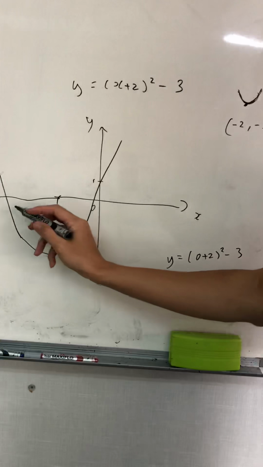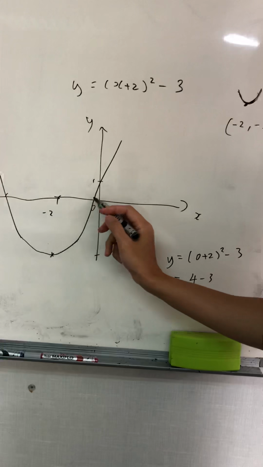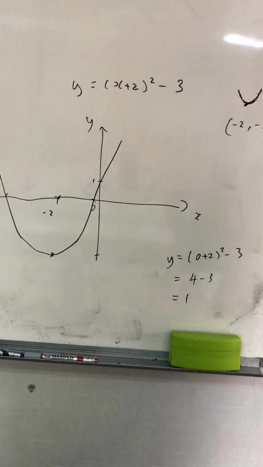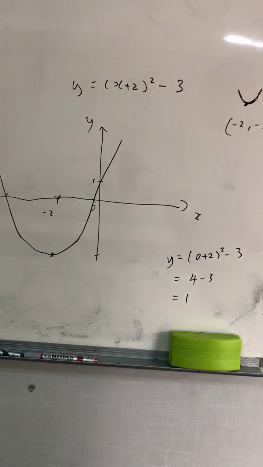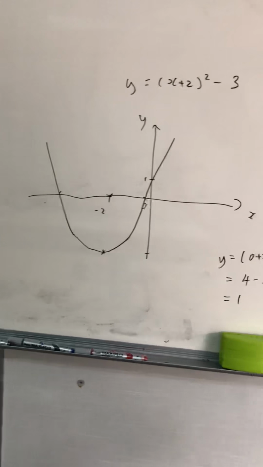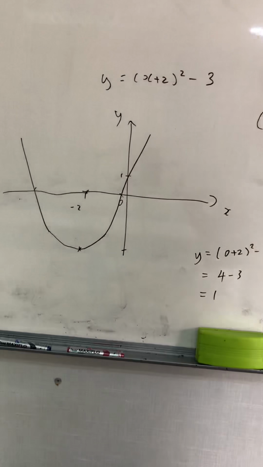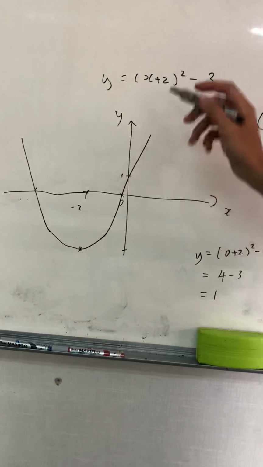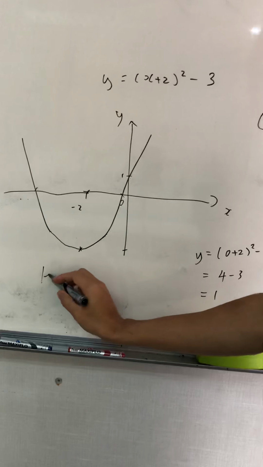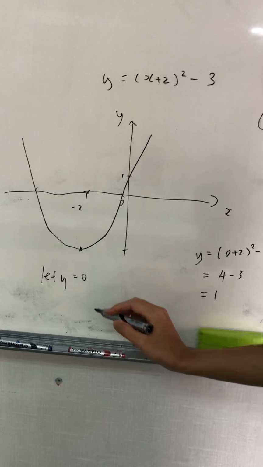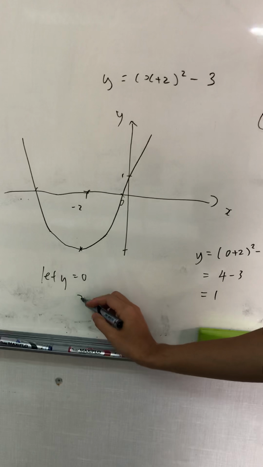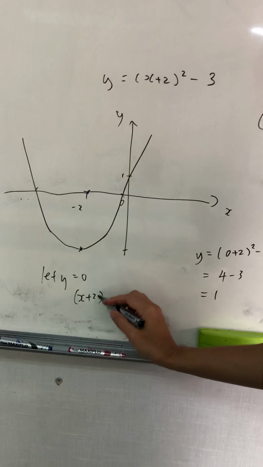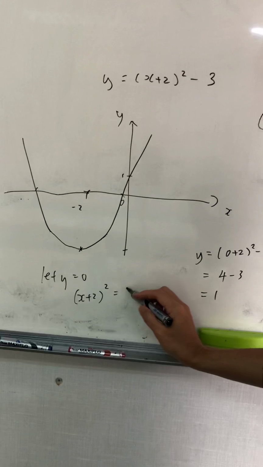So then the other two values is how about here and here? What should these two values be? To find the other 2 points, let y equals to 0. So when y equals 0, x plus 2 square equals to 3.